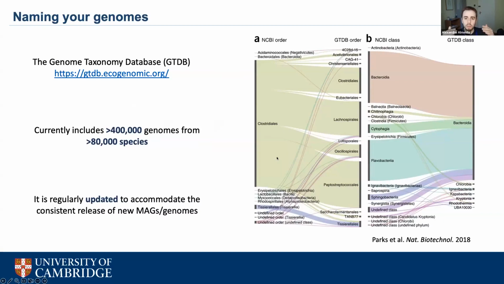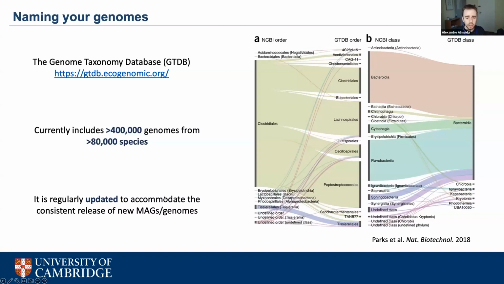Then once you get your dereplicated set, the next obvious step is trying to determine what are the actual bacteria that I'm working with. What are they? What names could I give them? How do they match existing reference databases? And to be able to do that convincingly, one of the gold standards in the field is the Genome Taxonomy Database, or GTDB for short, which currently includes more than 400,000 genomes from 80 species.